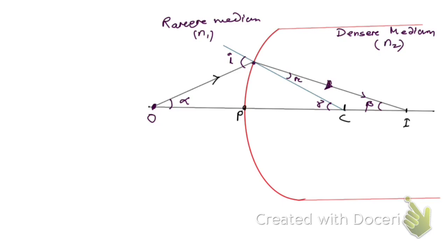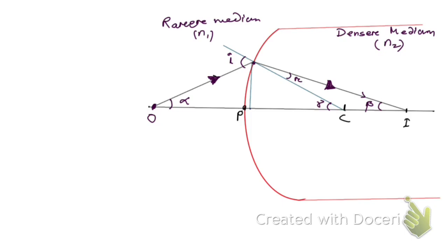Now let me give the direction properly. This arrow represents the direction. Now let's draw a perpendicular from this point to the principal axis. Here is the perpendicular.